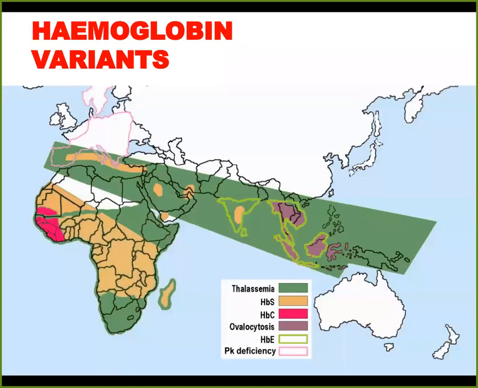These inborn diseases, like thalassemia, sickle cell anemia, are associated with genes and types of genes which lead to inborn diseases that with high frequency may be met in some regions.